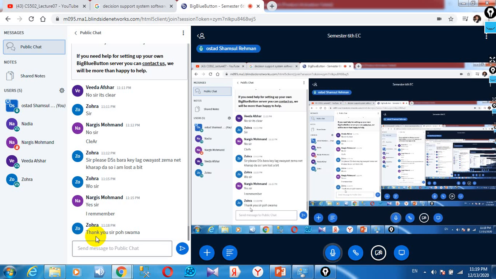If the rate is low, it will decide that you should not increase the product to be manufactured. So now all this, we can say these are decision support systems. This is a complete decision support system which helps the decision makers in an organization to make decisions.